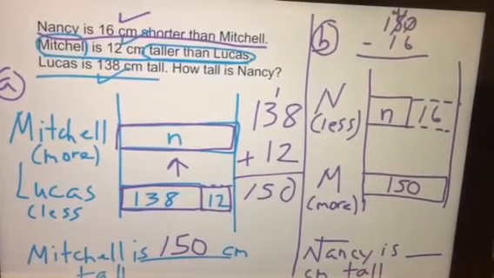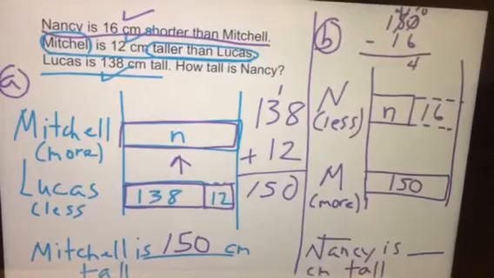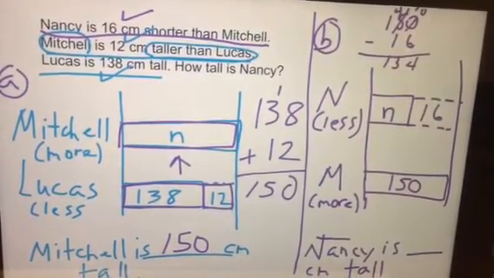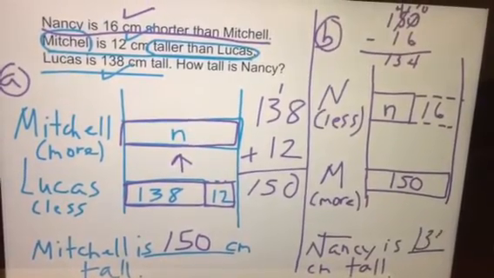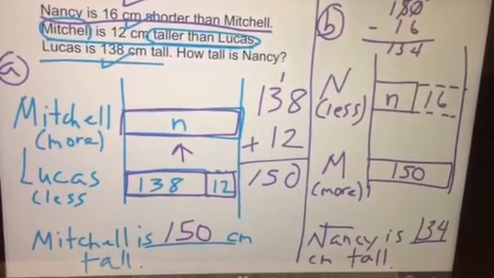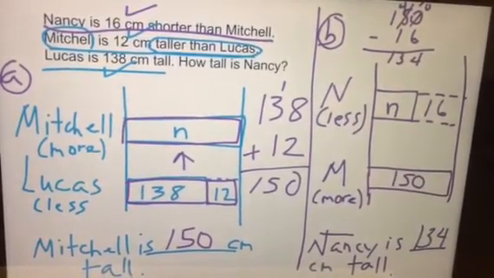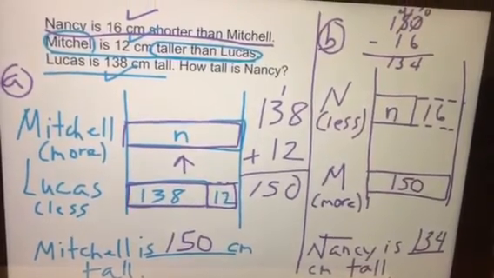Let's regroup. So we have 4 ones, we have 3 tens, and 100. Nancy is 134 centimeters tall. And that is how you figure out how tall Nancy, Mitchell, and Lucas are.